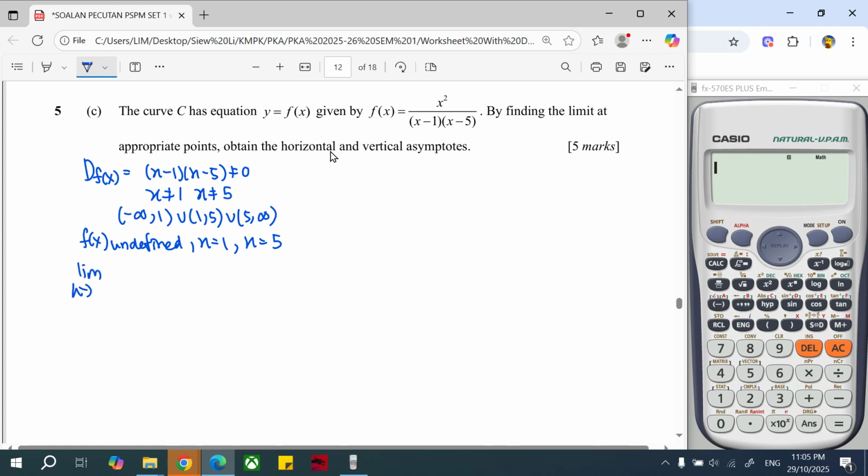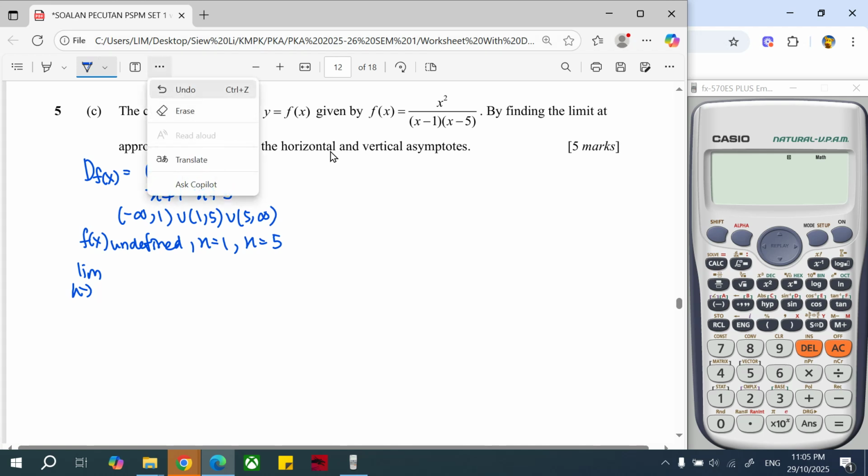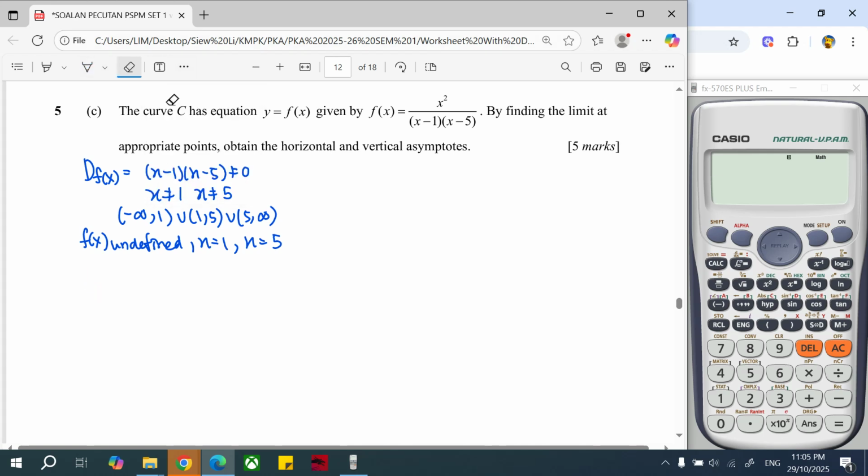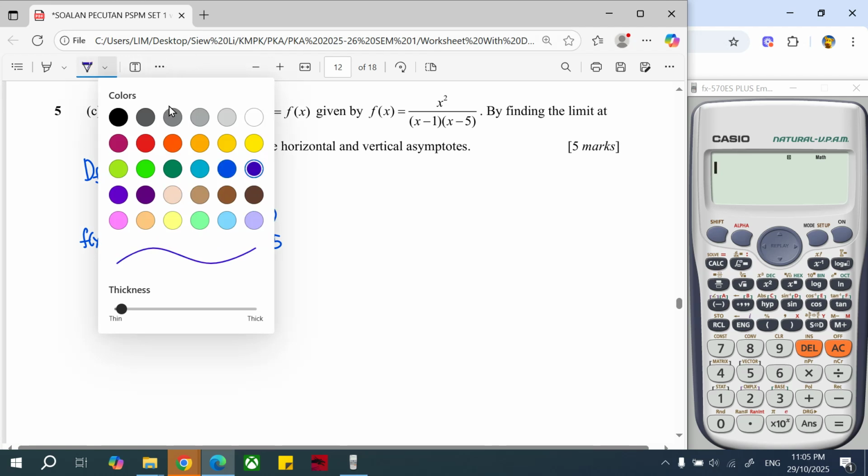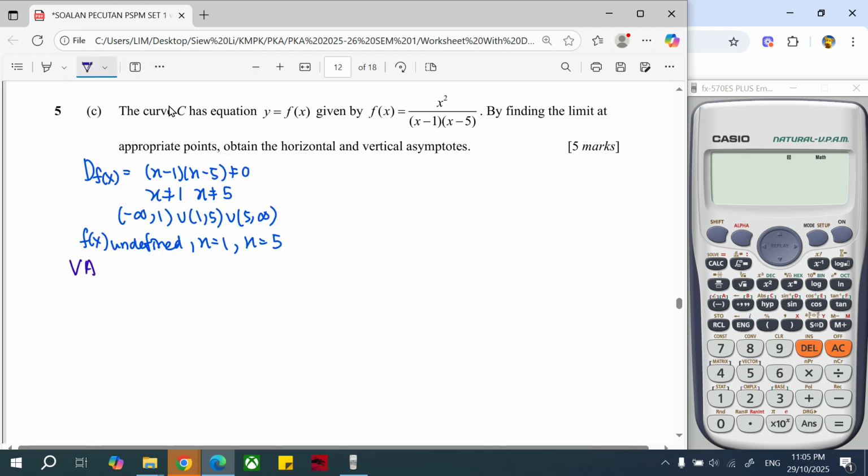Therefore, we are going to calculate the vertical asymptote using limits approaching a point, x approaches 1 from the left and 1 from the right.